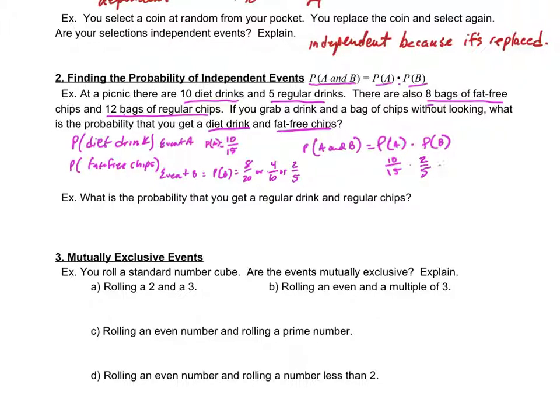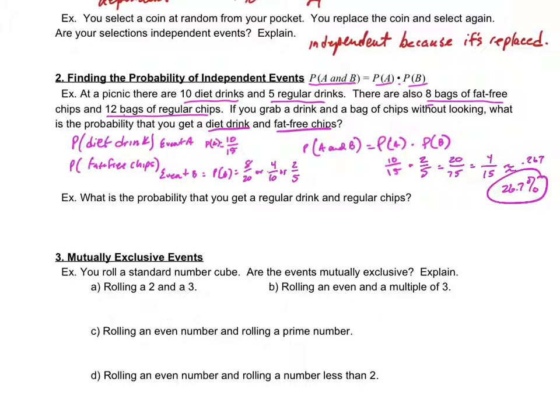Multiplying across, we get 20 over 75, which simplifies down to 4 over 15, approximately 0.267 or 26.7%. That's the probability of pulling diet drinks and diet chips at the same time.